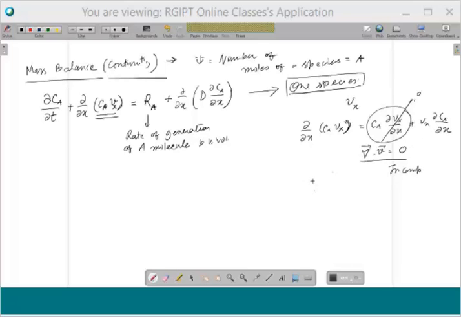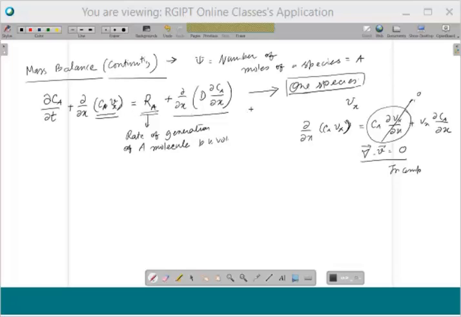And on the right hand side, in the fluid mechanics course, we did not consider reactions, right? So the fluid overall is not changing; it's not being generated. Net rate of generation of a fluid mass is anyway 0. So if you think of the overall fluid, Ra would be 0. There'll be no diffusion.